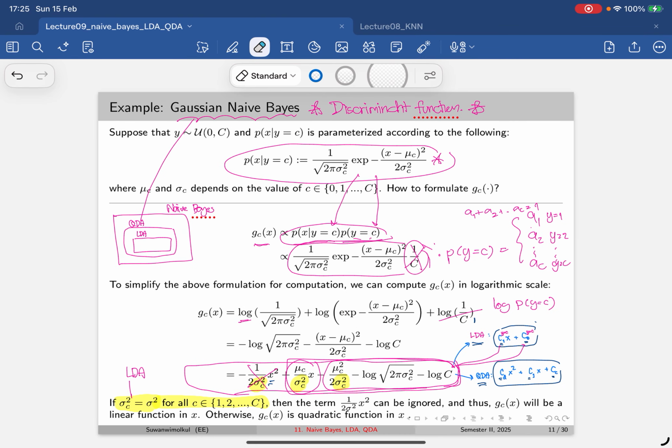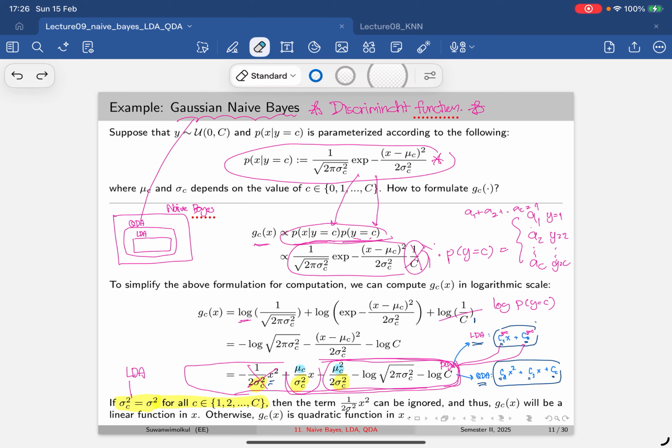It depends on what y is, and it's going to influence this term, not that term. But because in this example I want to simplify it, I just use C.